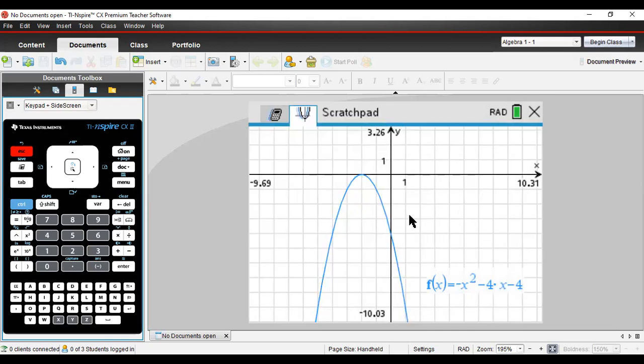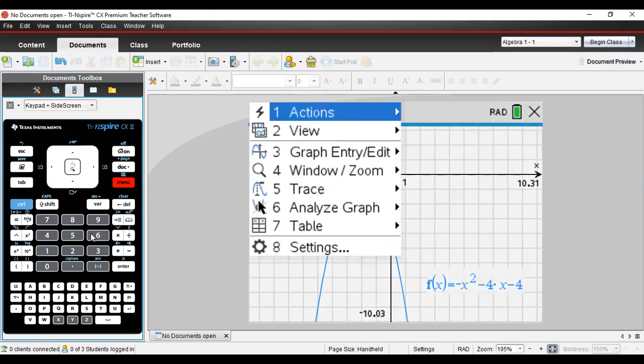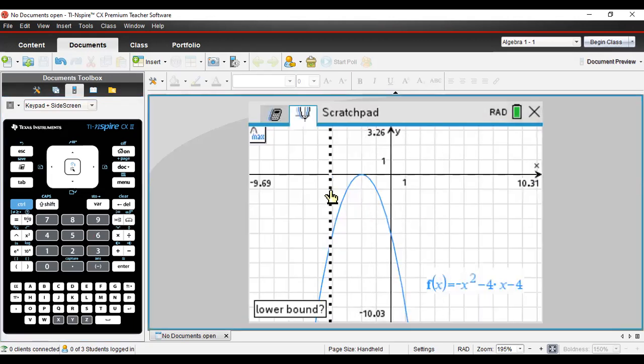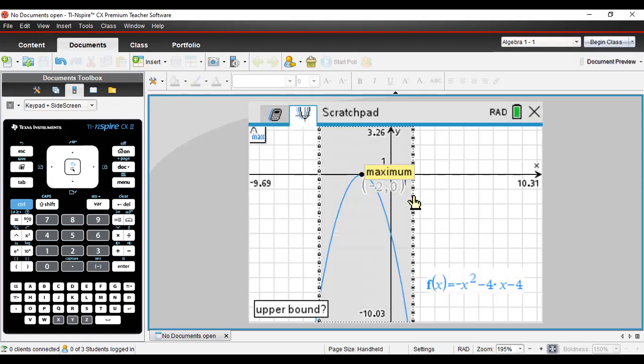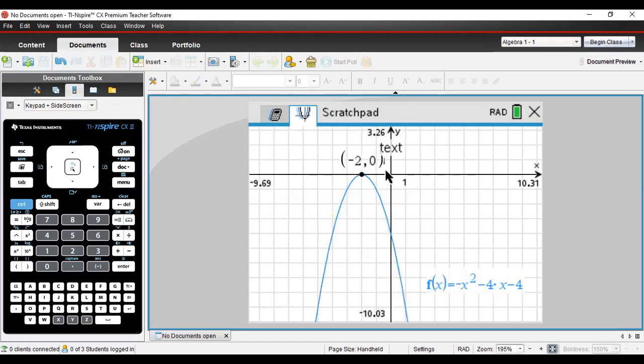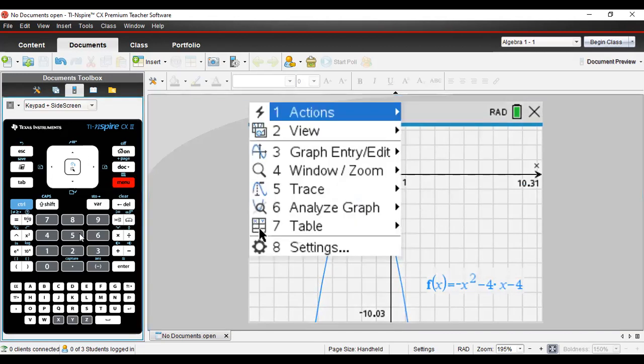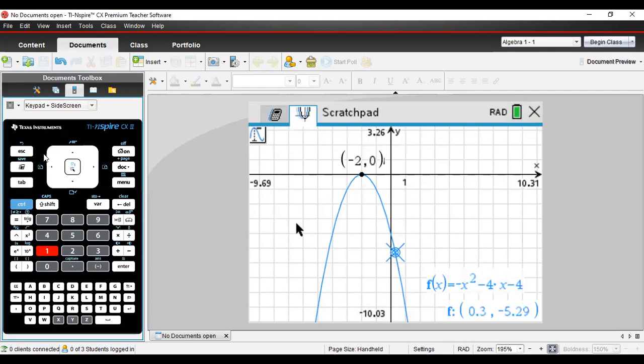So now I am going to find the maximum. I'm going to use menu 6, 3. And I'm going to start over here at the left, and pull it to the right. So the maximum is at -2, 0. Now I'm also going to find the y-intercept. If I do menu 5, 1, that's going to give me the y-intercept.